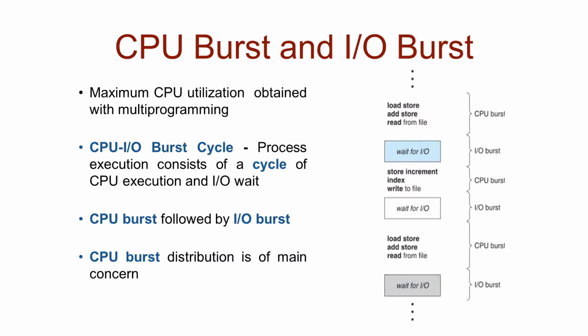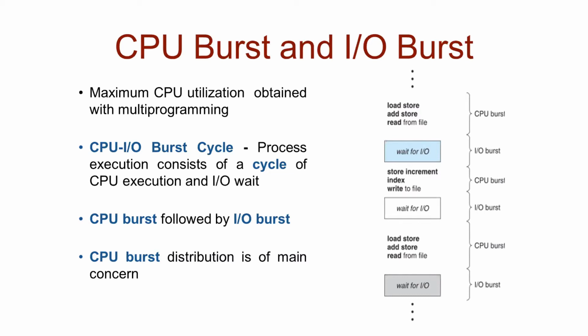This pattern continues. Every time one process has to wait, another process can take over the use of the CPU. In this way, the CPU is not sitting idle, it always has some process to execute. So, in multiprogramming, maximum CPU utilization is obtained.